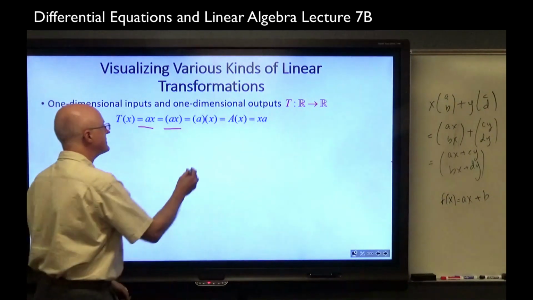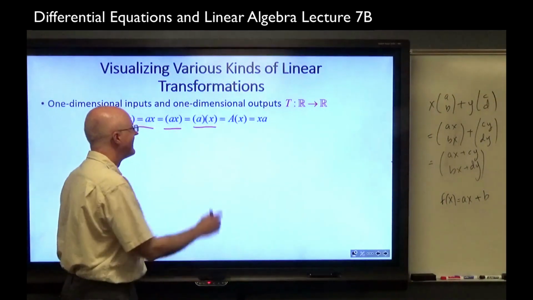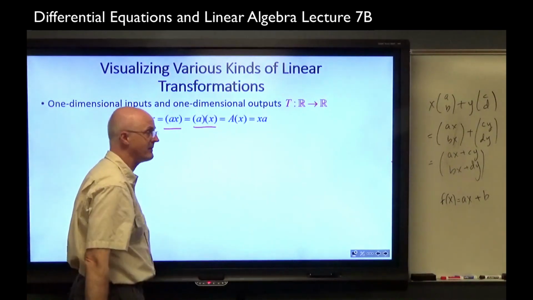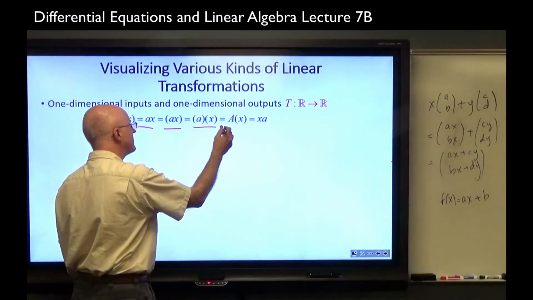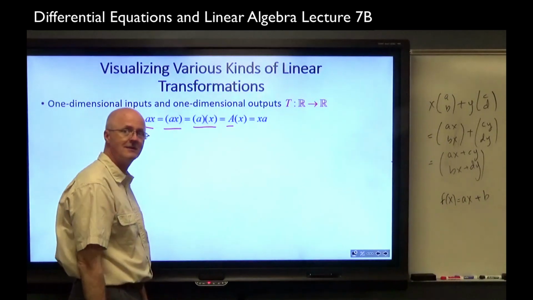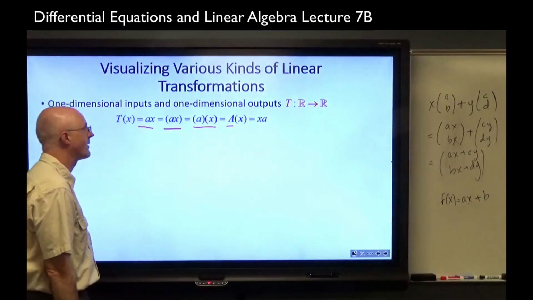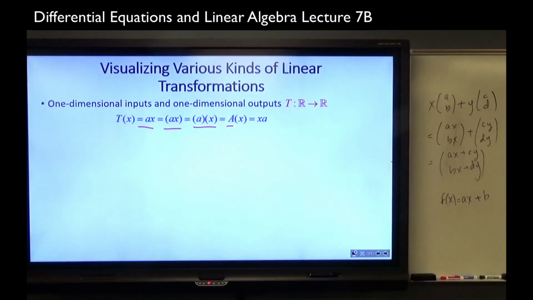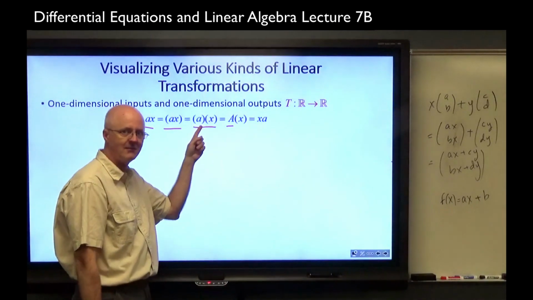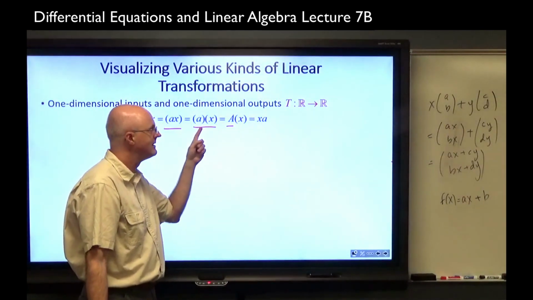That could be thought of as a matrix multiplication. This 1-by-1 matrix times that 1-by-1 matrix. I could call this 1-by-1 matrix capital A if I want. And I can think of it as a linear combination of the columns of A, where the entries of the vector x are the weights. Well, the column of capital A is just a one-dimensional column, A itself.